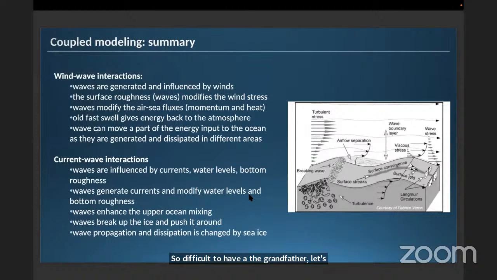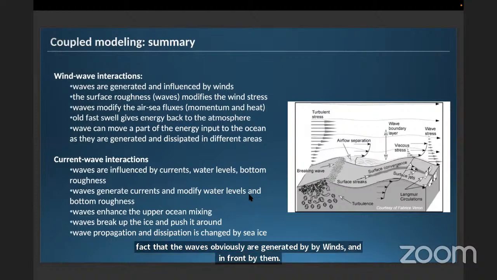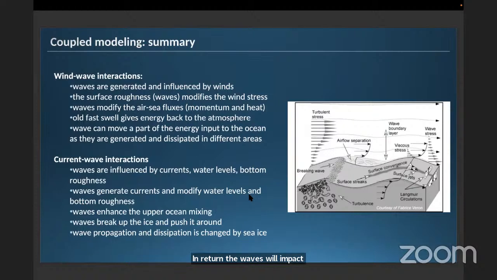So to summarize, here, why we want to couple waves with atmosphere or ocean. The wind-wave interactions that are quite important are the fact that the waves obviously are generated by winds and influenced by them. In return, the waves will impact the surface roughness and modify the wind stress.